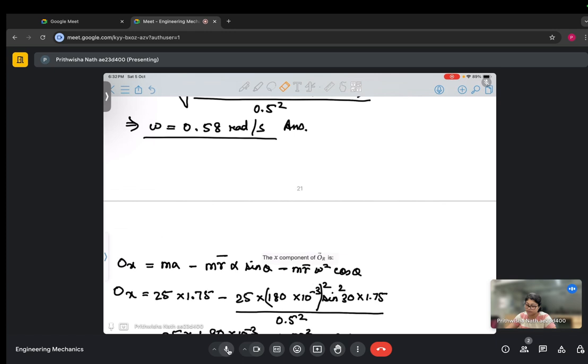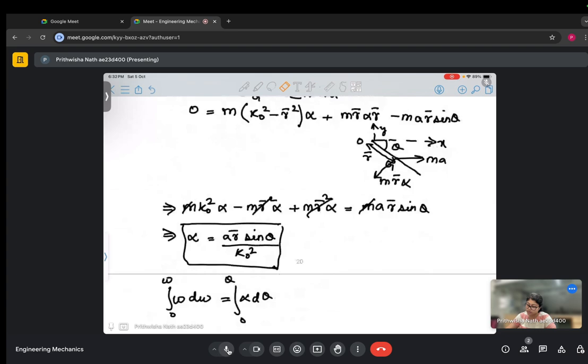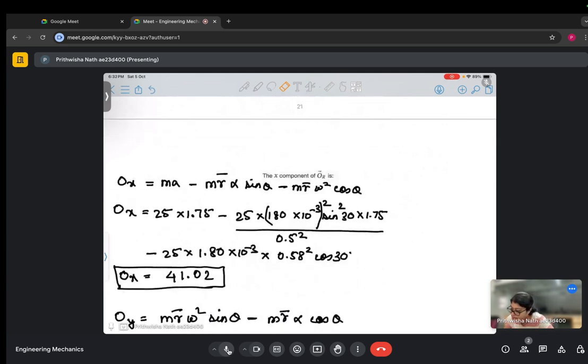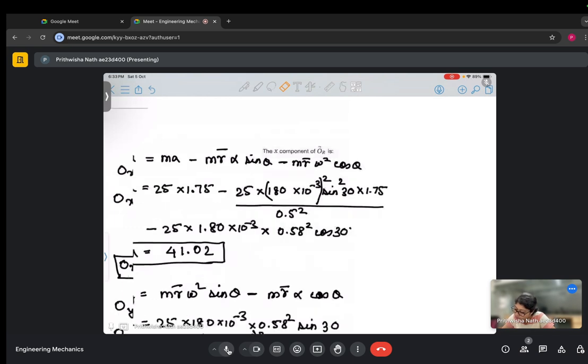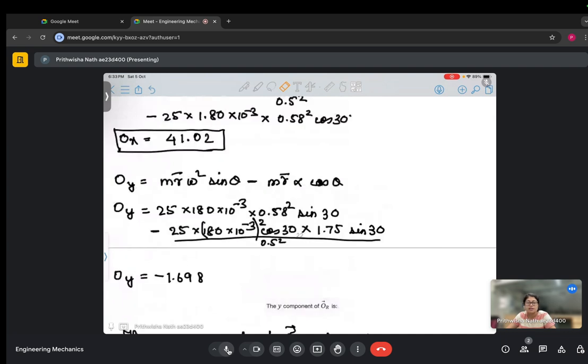Now the next part of the problem, we are asked to find the x component of the reaction at O. From this figure we can just write the components. So O_X has come out to be 41.02. Similarly, for the Y component, we can write it like this, and O_Y is minus 1.698, which means it is in the opposite direction to that assumed.